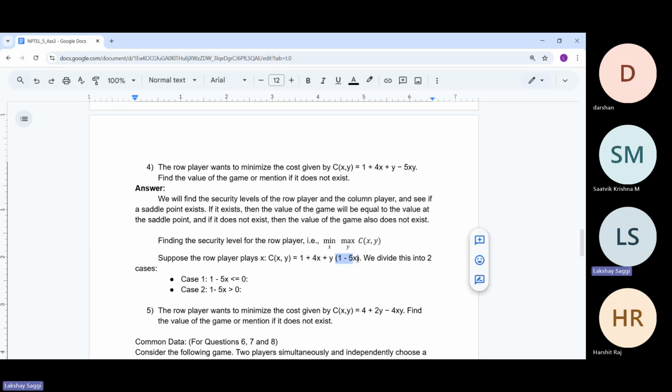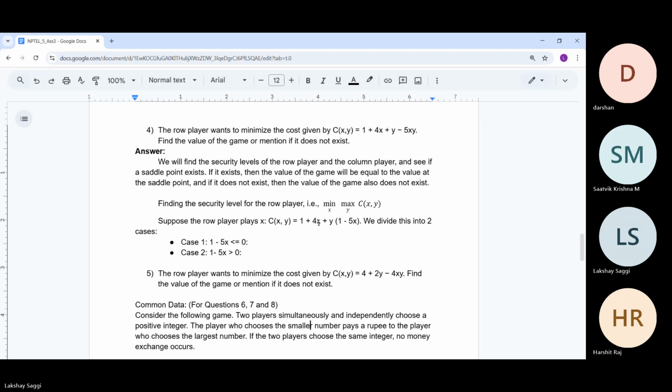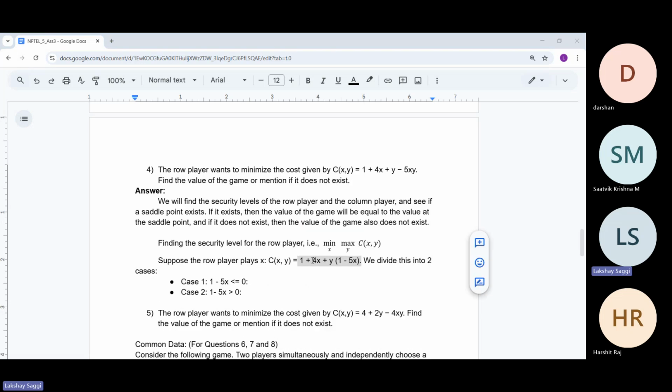If the coefficient of y is negative, then when will this whole quantity be maximized? Anyone would like to answer in chat? What y should I choose? And y can only range from 0 to 1, as given initially in the question.